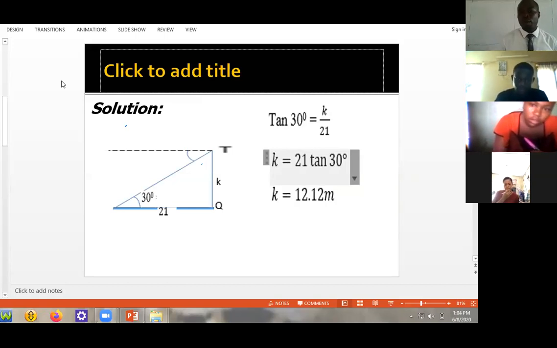So we have tan 30 equals K over 21. When you cross multiply, you have K equals 21 tan 30. And when you do it well, you have 12.12 meters. Is that the same thing with your answer?